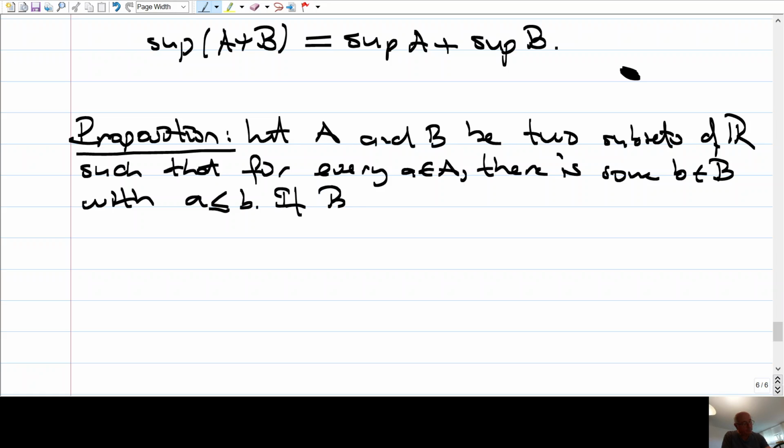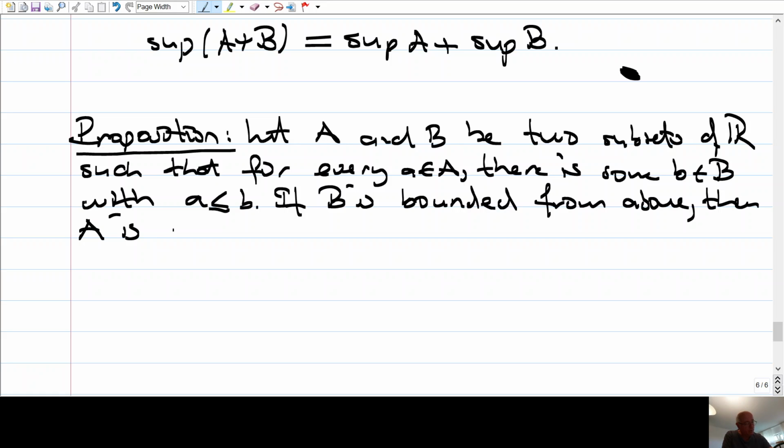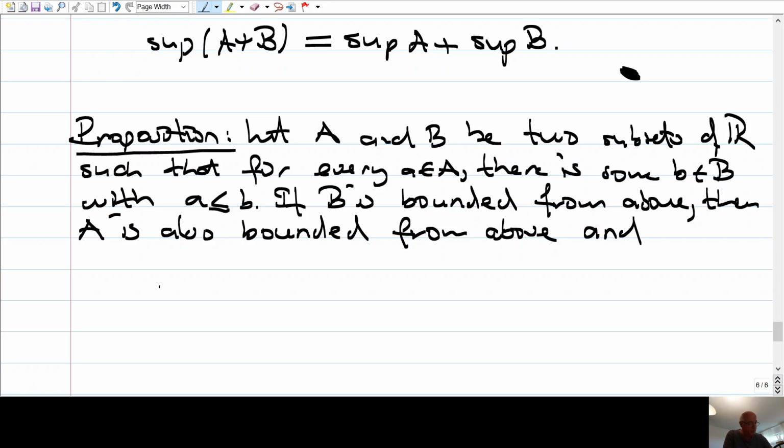If B is bounded from above, then A is also bounded from above, and the supremum of A is less than or equal to the supremum of B. Okay.